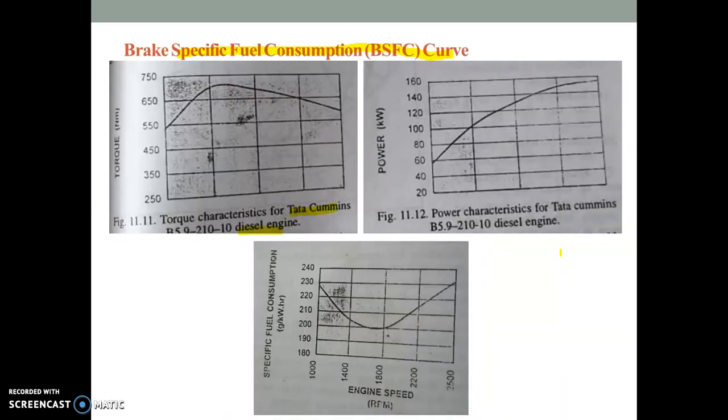So here, as a practical example, the variation of torque, then power in terms of brake power, and specific fuel consumption, that is SFC, for the Tata Cummins P5.9-210 diesel engine meeting Euro 1 norms for automotive emissions, are shown in this graph.